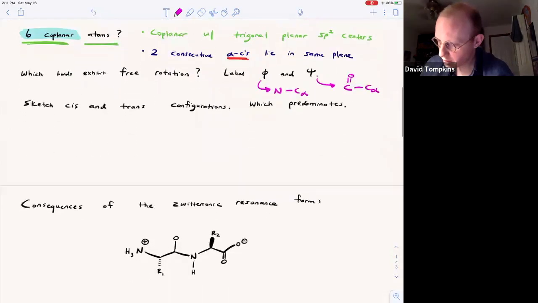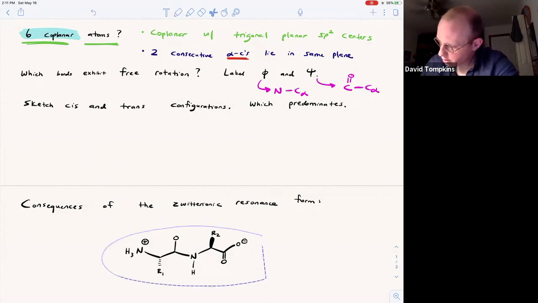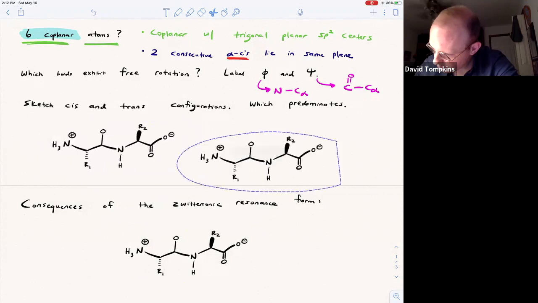So because the peptide bond is rigid and cannot rotate, there are cis and trans configurations that cannot equilibrate because it would require the double bond to be broken for rotation to occur. So I'm simply going to draw two different conformations here.